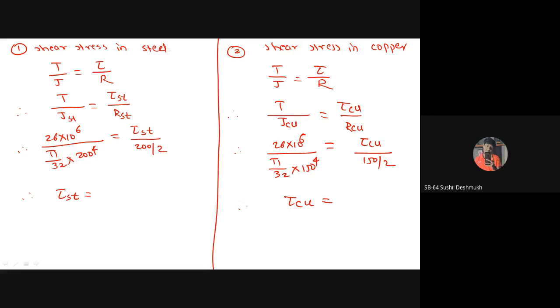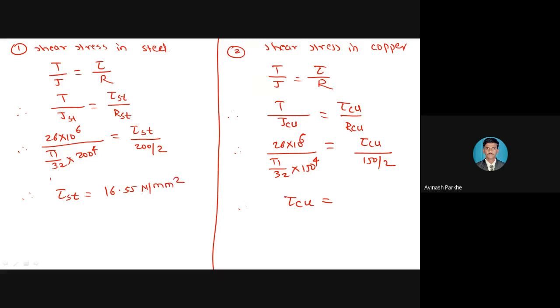Zero point zero one six? No. Yes, 16.55. This is correct. 16.55 Newton per mm square.